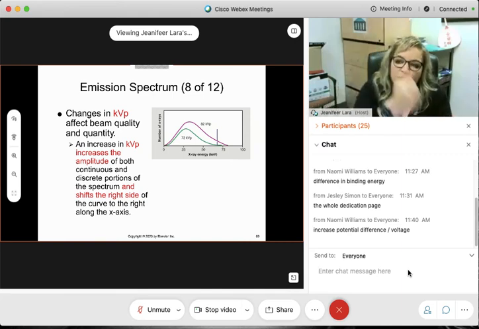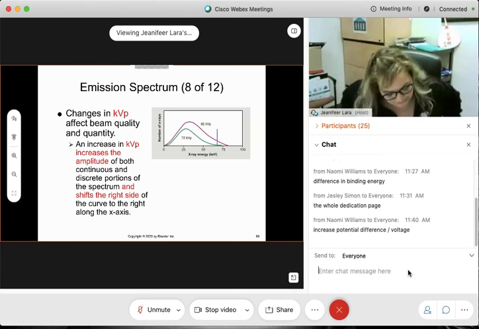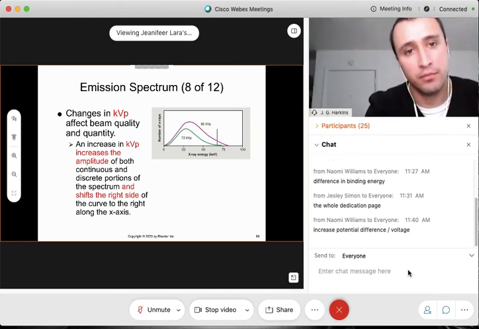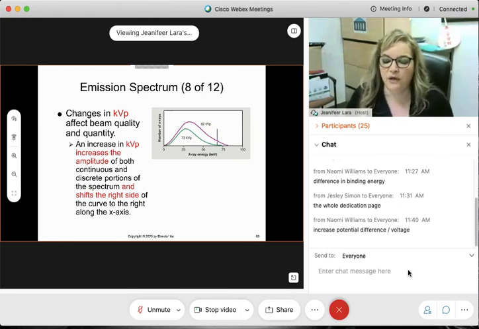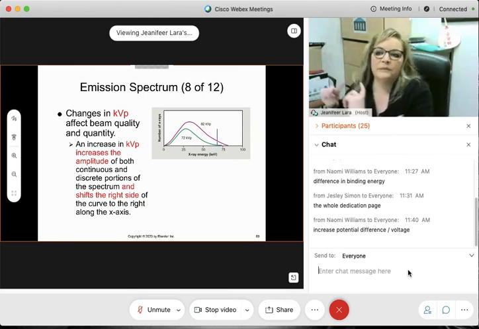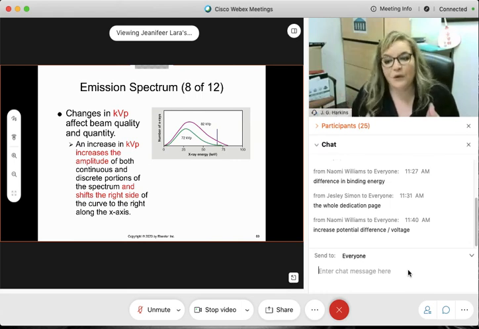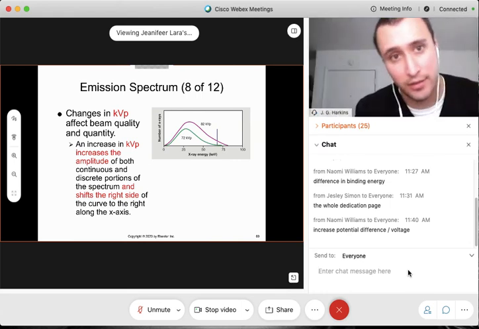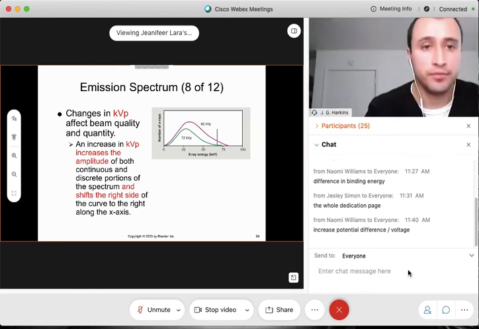If I want to double my photons, I am going to double my what? Yeah, thank you. But if I want to increase the energy of my photons, then I'm going to increase my what? You're also going to get an increase of photons altogether. A slight increase, but not directly proportional.